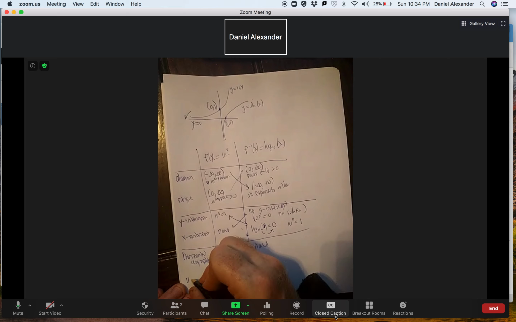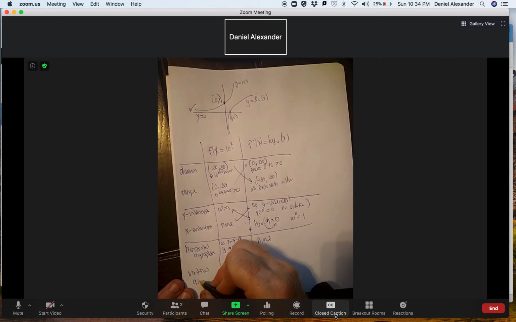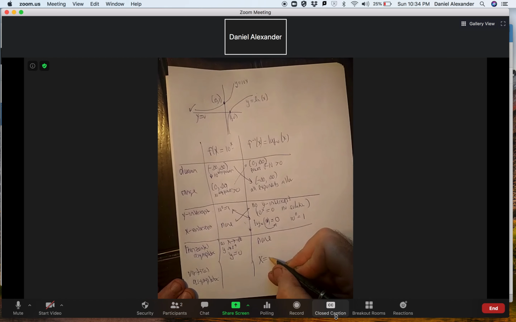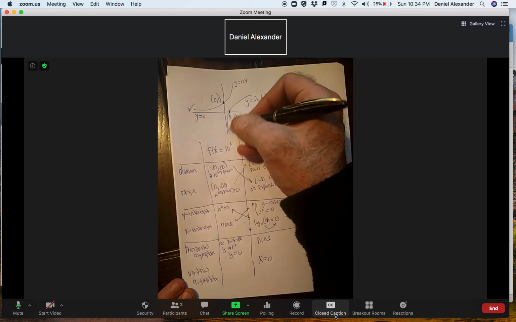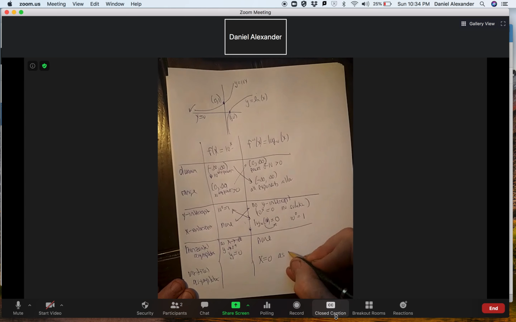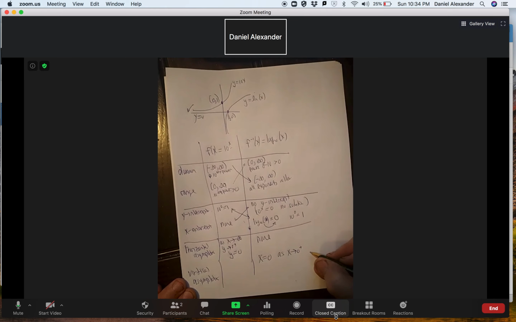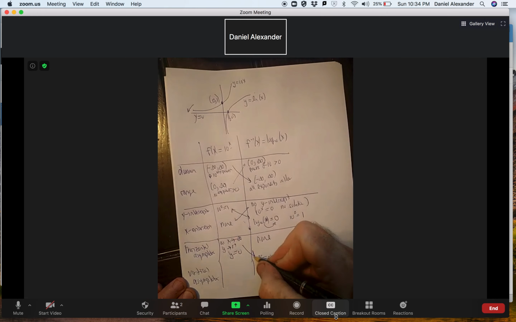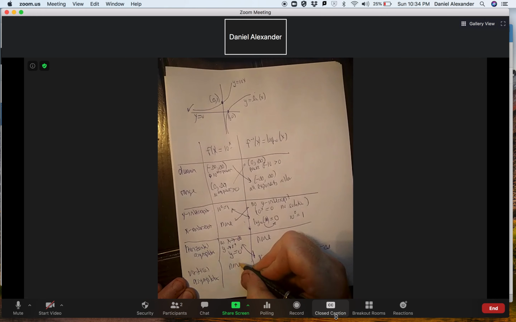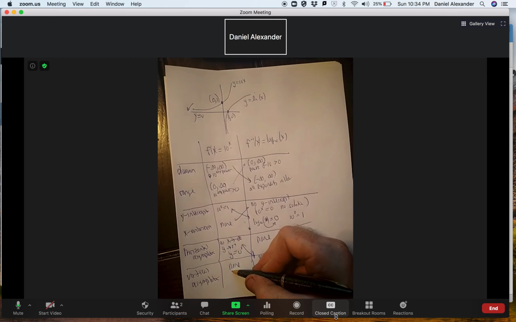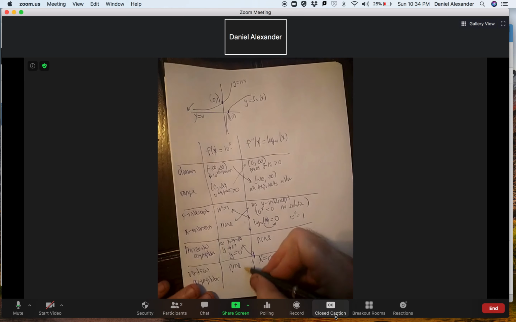And then vertical asymptote, we see there's one at x equals 0. In other words, as x approaches 0 from the positive side, y goes to negative infinity. Just the reverse of this. And the exponential function has no vertical asymptote.